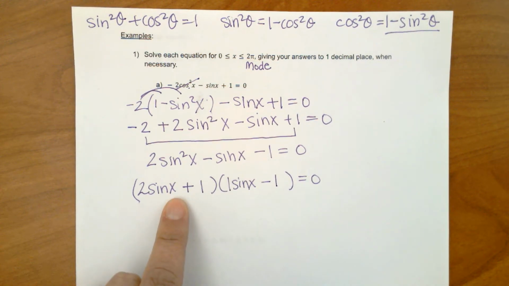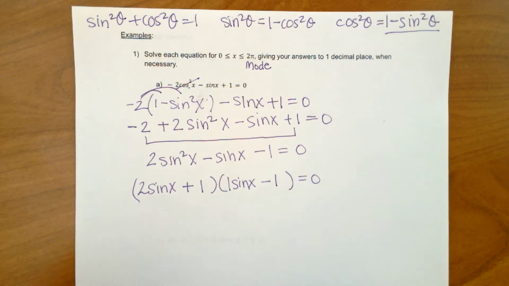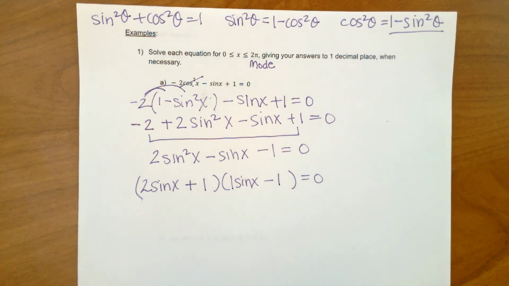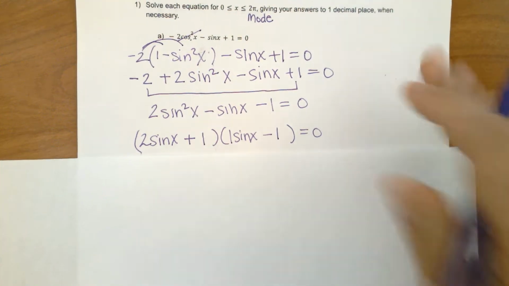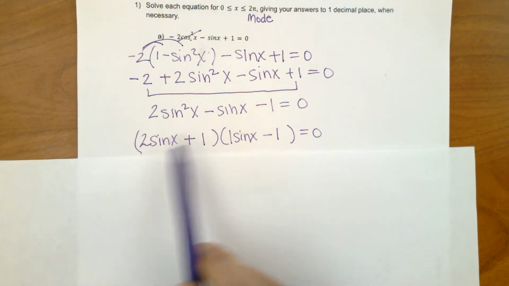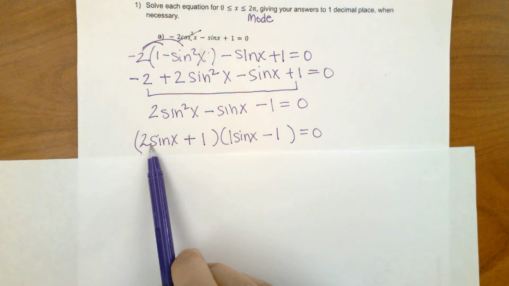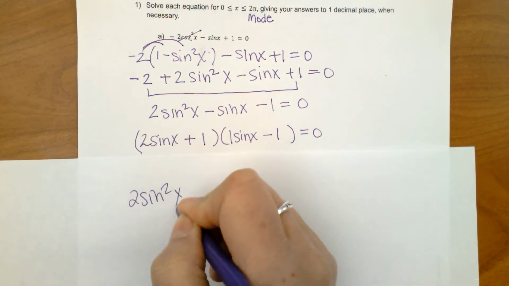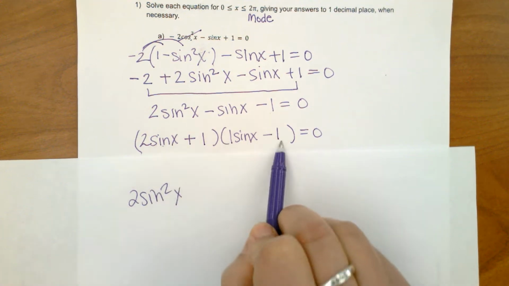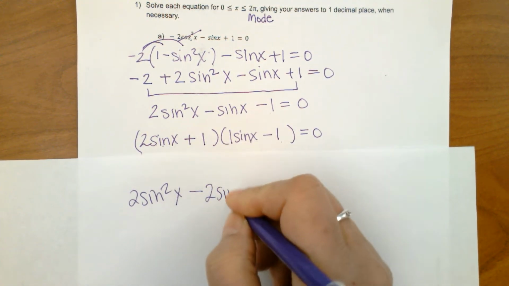Now, I'm not sure if this actually works. I have no idea if that works. So we're going to test it out. We test it out by actually multiplying. We multiply 2 sine x times sine x, so that's 2 sine squared x. Then 2 sine x times negative 1, negative 2 sine x.